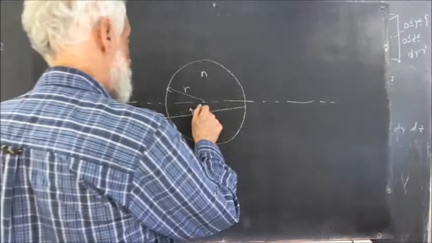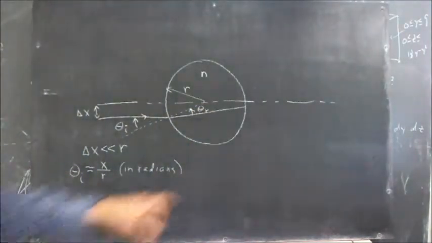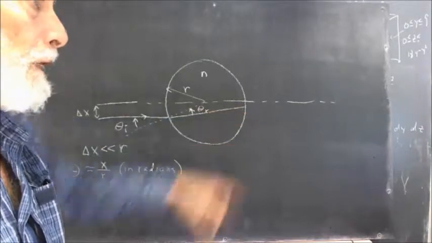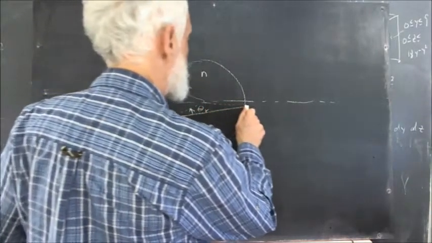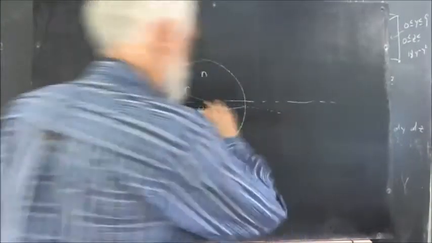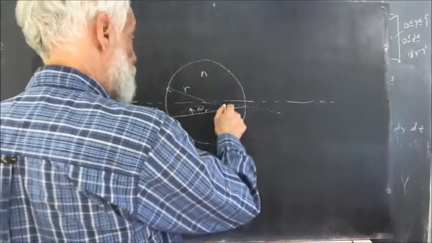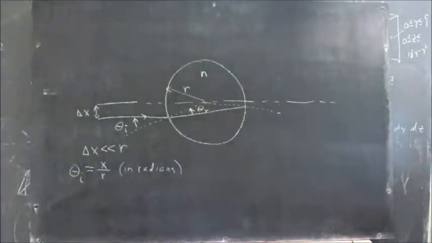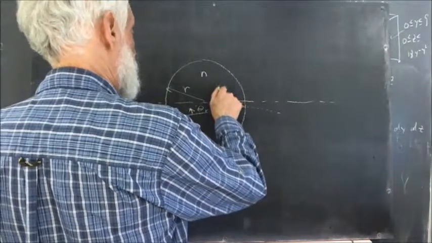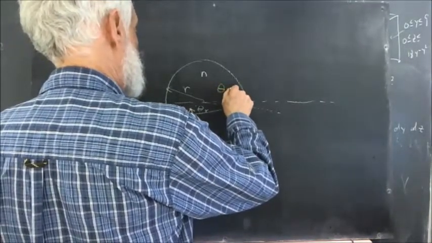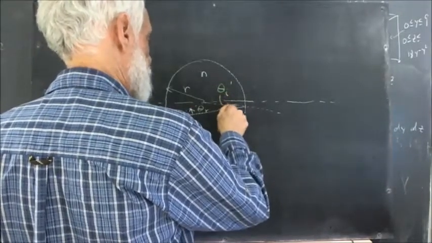So now we have theta sub r. And the ray is going to hit the back of the lens at some point. At that point we draw the radial line, and that's going to be the normal. So we're going to have another angle of incidence, which I'll call theta sub I prime. And that'll be this angle here.